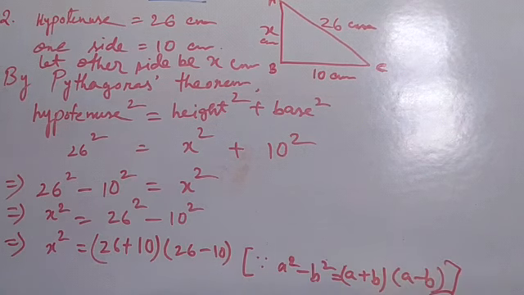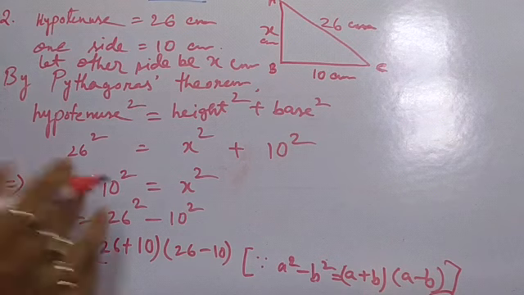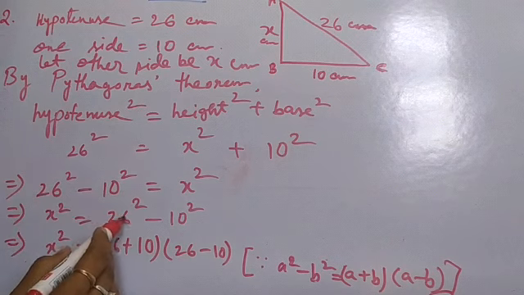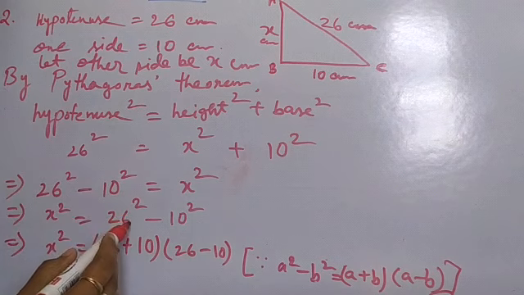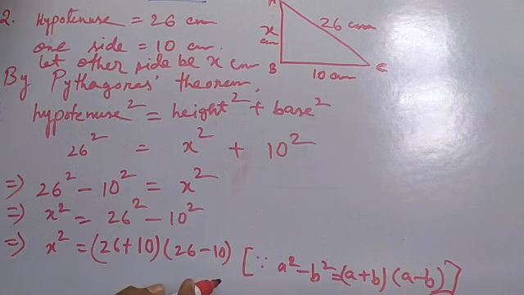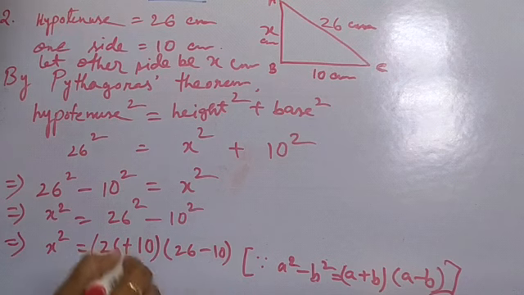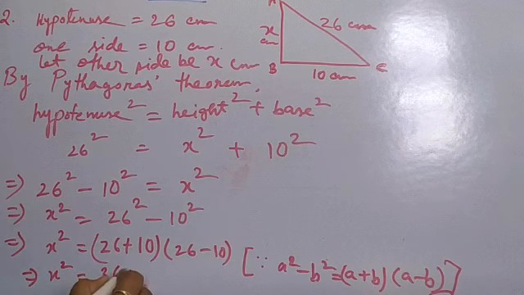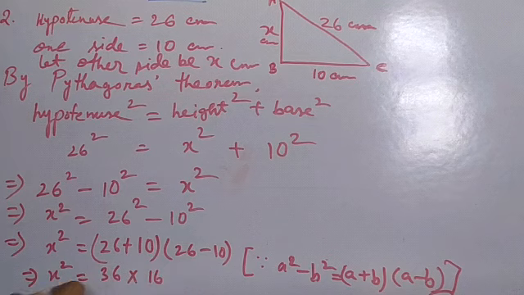Or you can make 26 square, that means 26 into 26, and 10 square means 100. Separately you can make it and then find the answer, but that is the new thing, that's why I discuss it. So x square equal to 36 into 16. So 36 means 6 square, into 4 square.